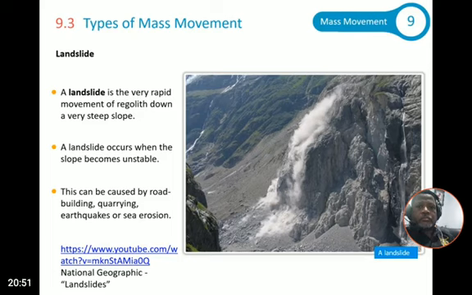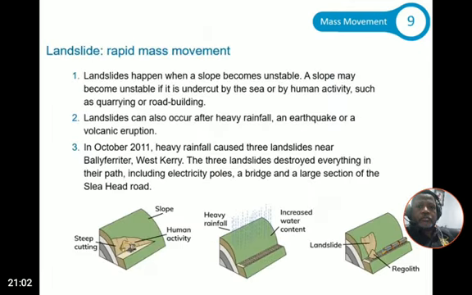Now, I've put up another link for a YouTube video. It's National Geographic again, and it shows you the sheer harm that landslides can cause. This slide has more information about landslides, and it can show you the process by which a landslide occurs.